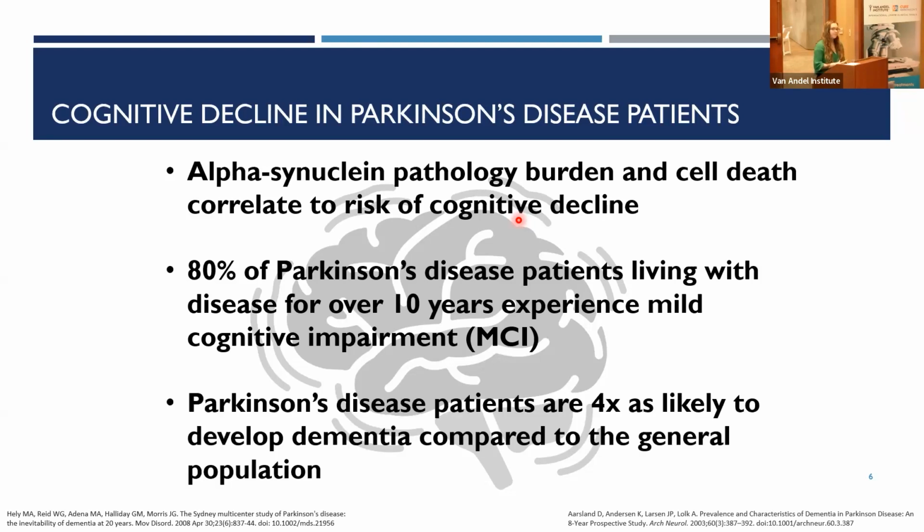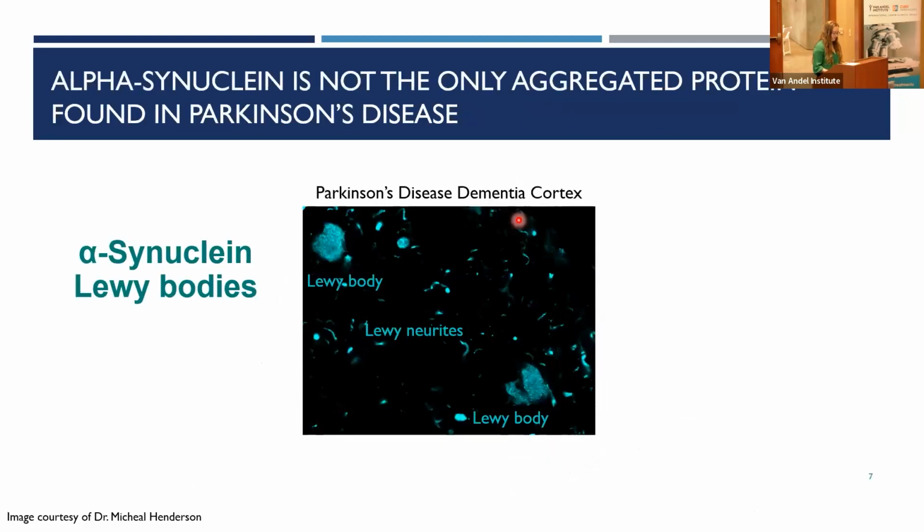And that Parkinson's disease patients are actually 4 times as likely to develop dementia or mild cognitive impairment compared to the general population. So this is a really interesting finding because it makes us question whether there's something occurring in Parkinson's disease that is a similar way to what happens in dementia and Alzheimer's.